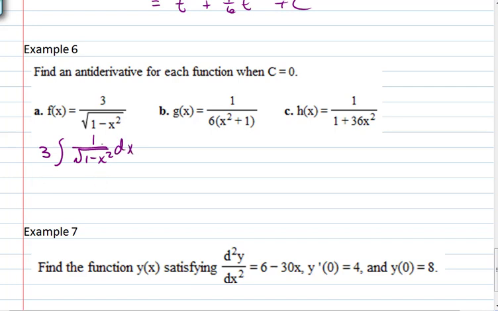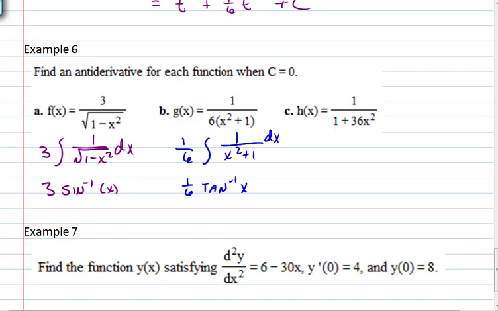Well, when we find the antiderivative of this, that's our inverse sine function. You got to know the derivatives of your inverse trig functions if you're going to recognize the antiderivative. Another way to write this one is 1/6 the integral of 1 over x squared plus 1. And which trig function is this? Tan inverse. And c is 0, we're told.